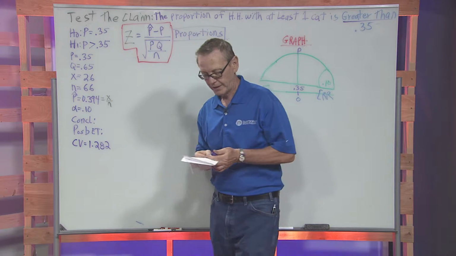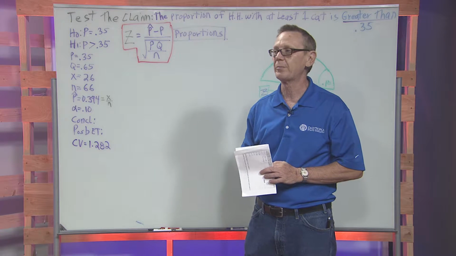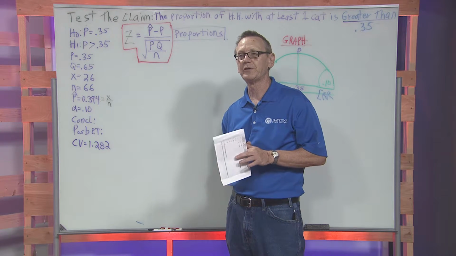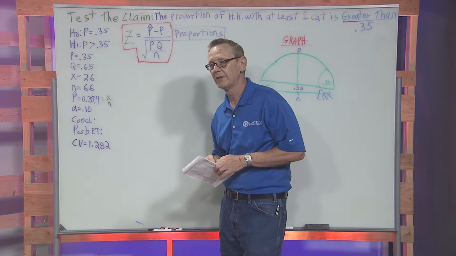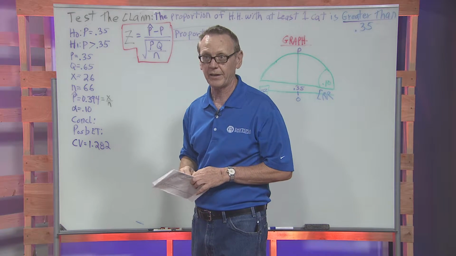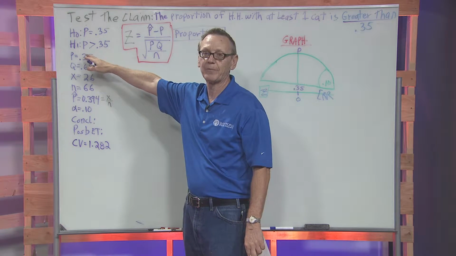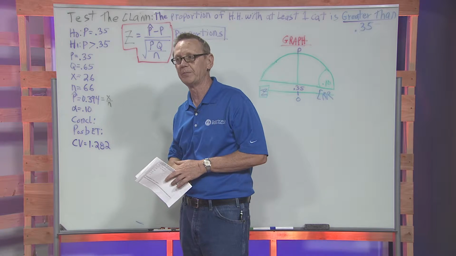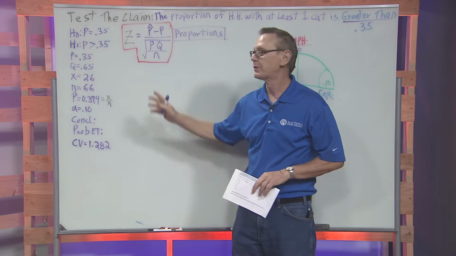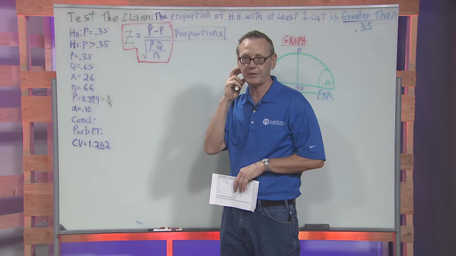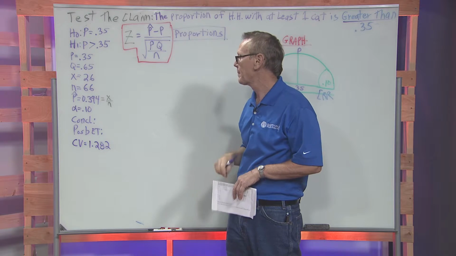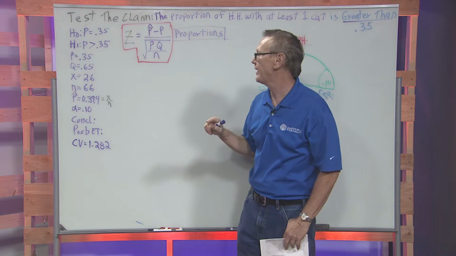And notice the notation is now P. For T distributions and Z distribution numeric data hypothesis tests, you use mu, the Greek letter, for the population mean. For proportions, we switch to a P. It's the only one that uses the P, typically in elementary stats.